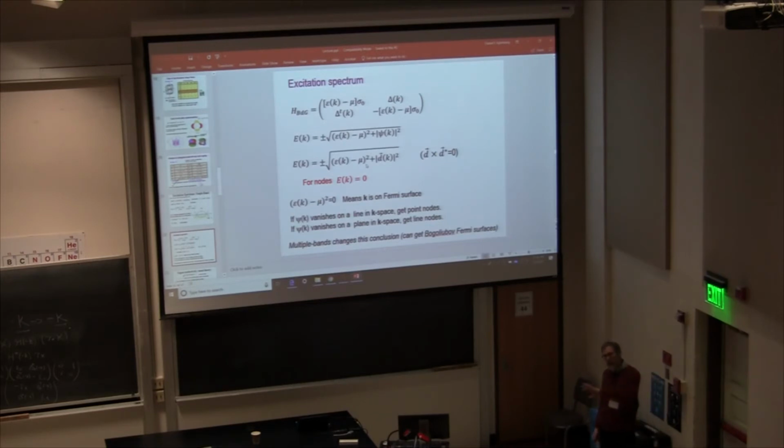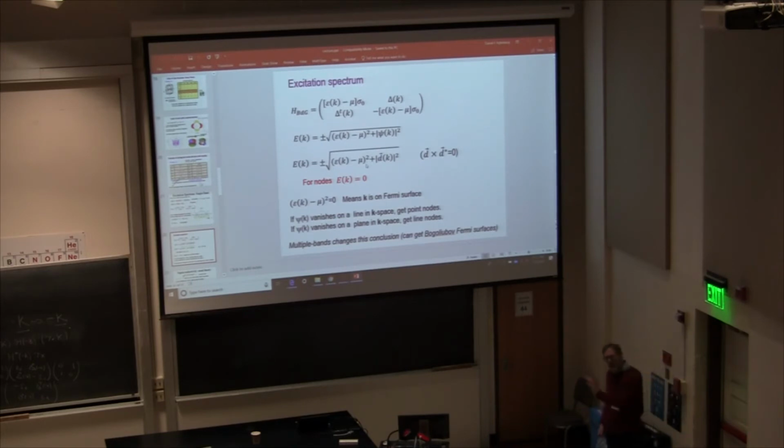In the next slide I'll give an example and talk about the experimental difference between those two. But I should make a caveat. I've been considering a single band the whole time. In practice, all condensed matter materials have multiple bands. In fact, multiple bands in general will change this conclusion, and I'll give you a feeling for how this change happens when we talk about a topological analysis for the appearance of these nodes.